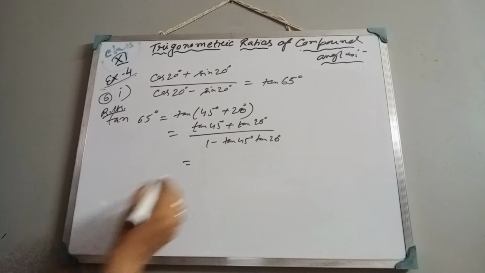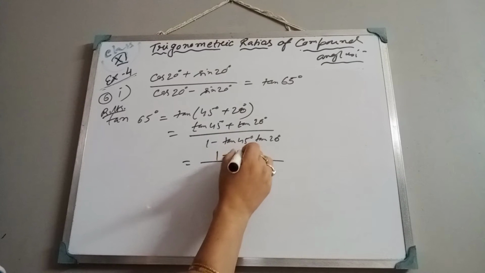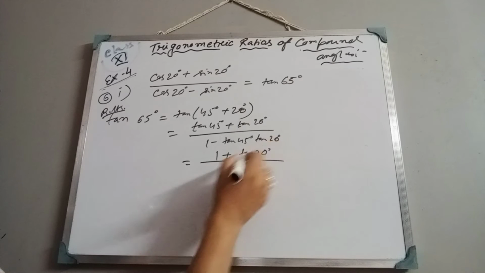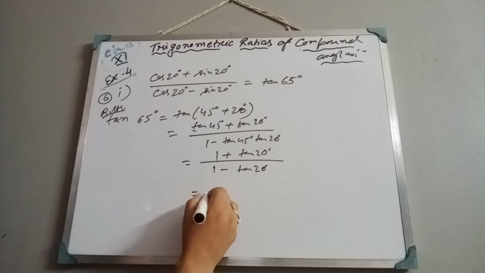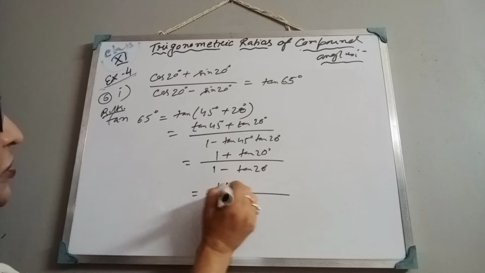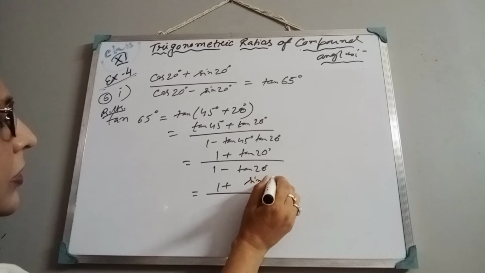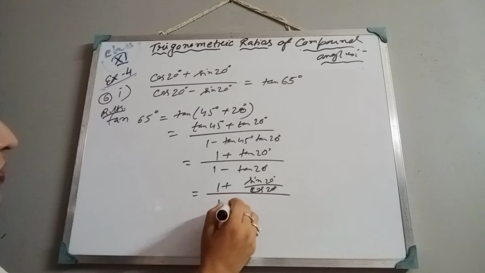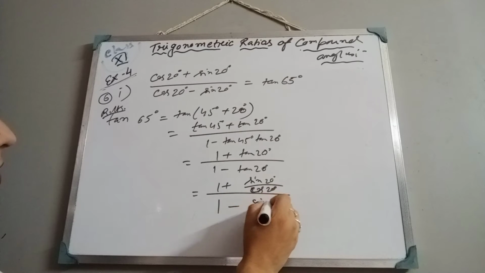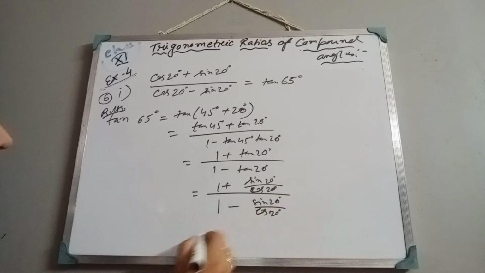Okay. Tan 45 degree is equal to 1, and this is tan 20 degree, over 1 minus tan 20 degree. Tan 20 degree means sin 20 by cos 20.